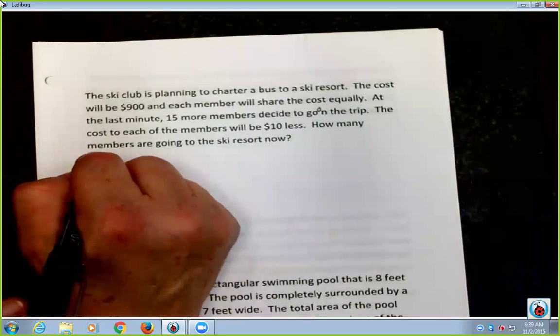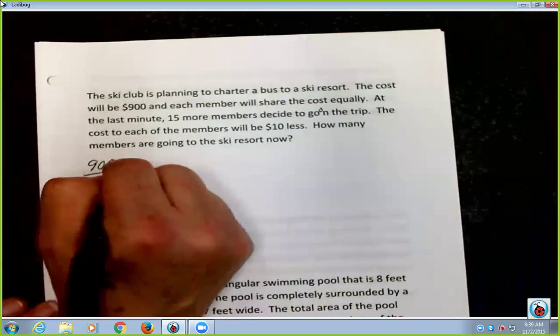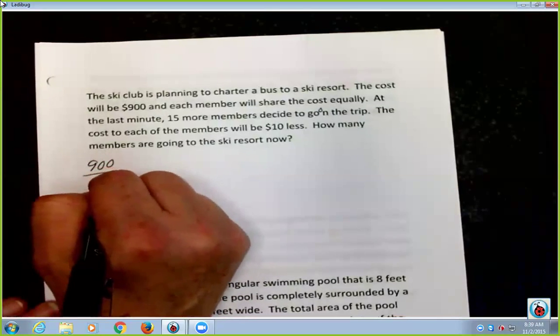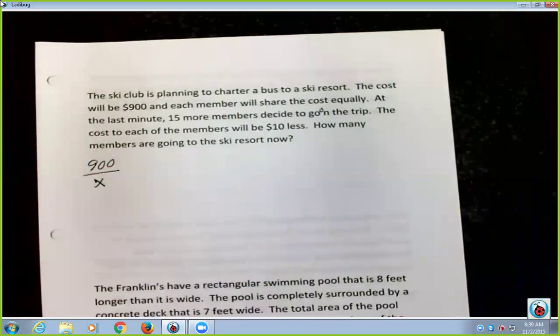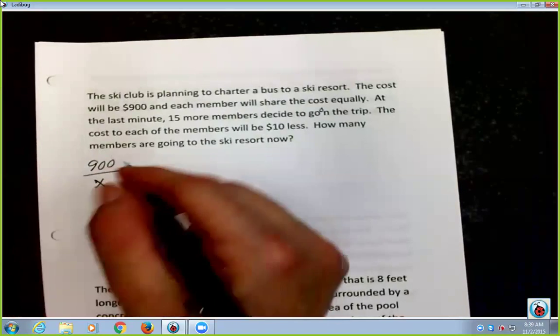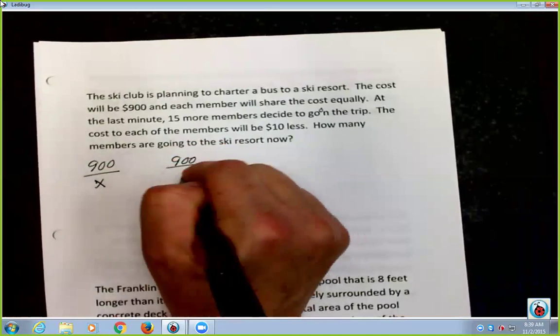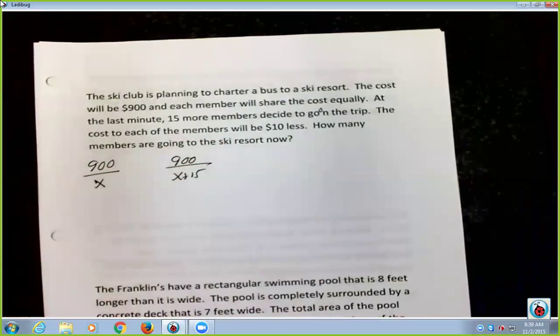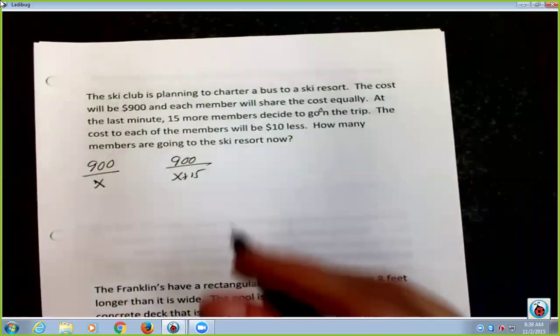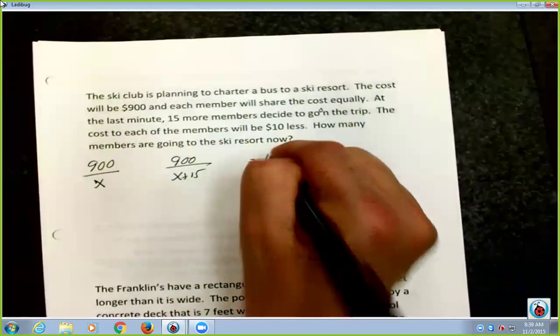So what do I have? Well, originally, 900 divided by the number of members. So that's pretty straightforward. Yep, that's what they're going to pay. But then 15 other members join, so that 900 gets divided by a different base. And that's going to save them $10.